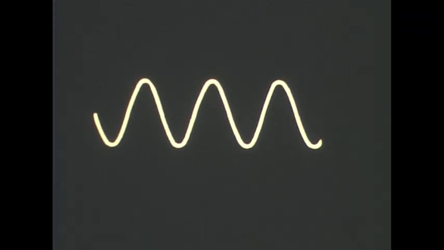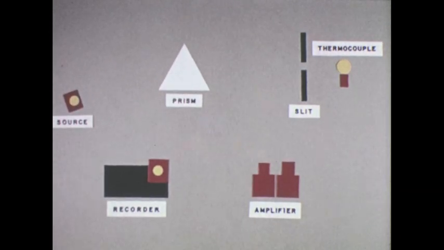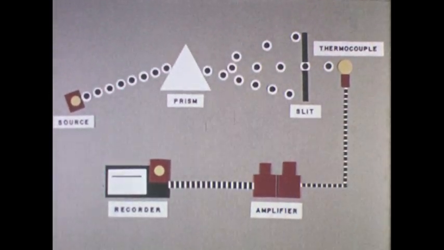First, we will examine the nature of electromagnetic radiation, and then the absorption of infrared radiation by the rotation and vibration of molecules. Next, the instrumentation needed to obtain an infrared spectrum will be developed using animation.